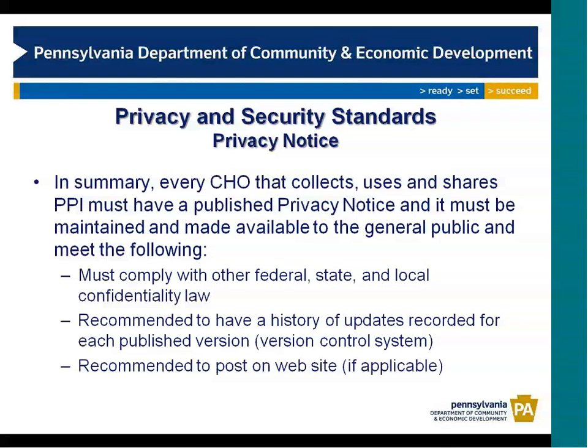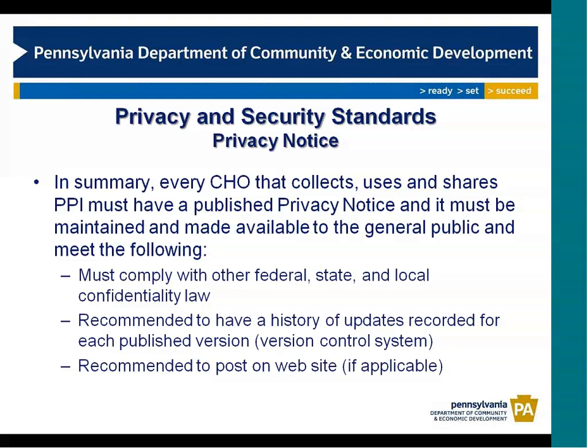Now, a couple summaries about this. As you pretty much heard, there's a lot in there, everything was about privacy notices. So in summary, every CHO that collects and uses and shares PPI must have a published privacy notice, and it must be maintained and made available to the general public and meet the following conditions. It must also comply with federal, state, and local confidentiality law.